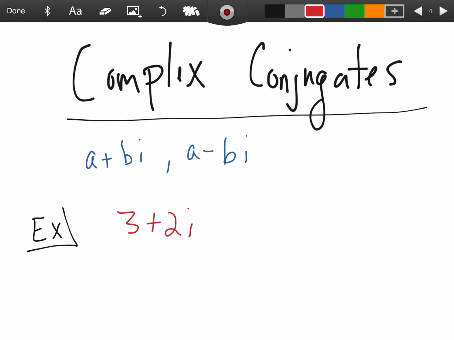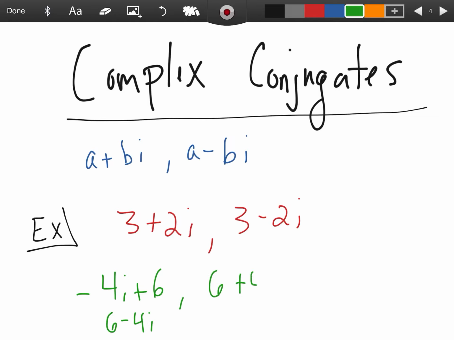The complex conjugate is just going to be 3 minus 2i. If I had, let's do negative 4i plus 6, well, that's the same as 6 minus 4i. Right, we could rewrite that as 6 minus 4i. Then the complex conjugate is going to be 6 plus 4i.